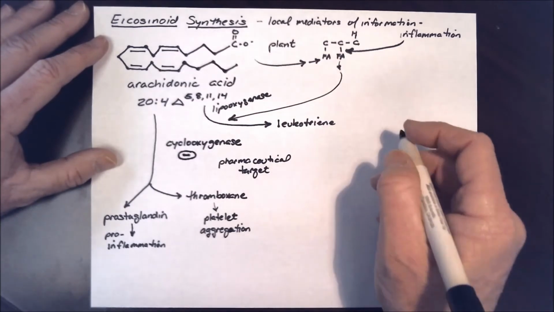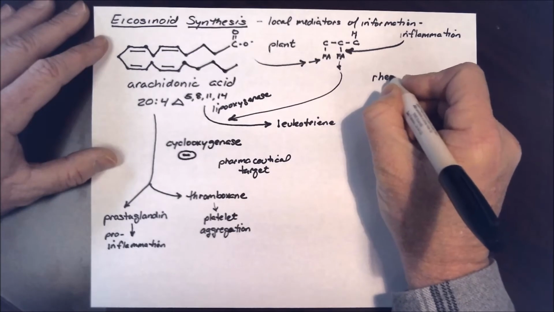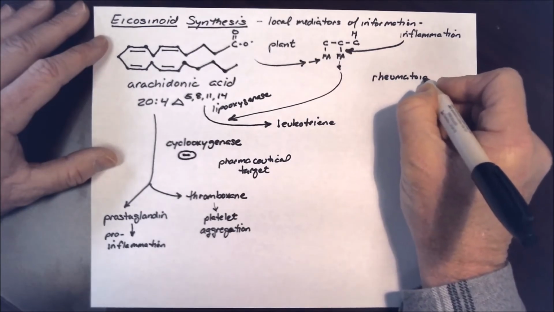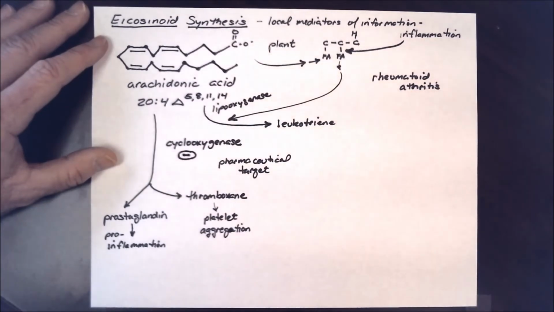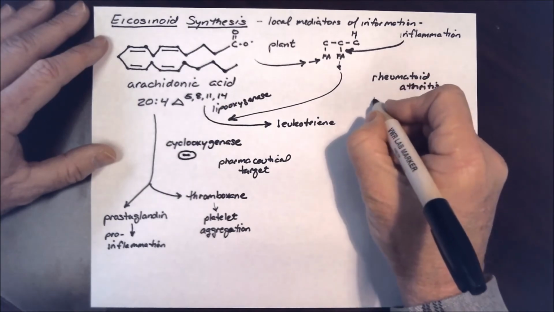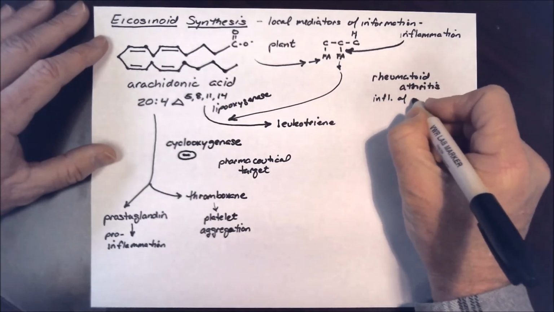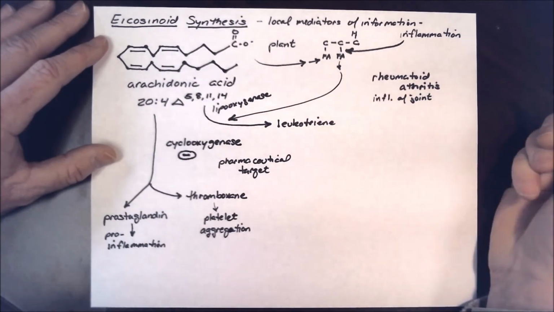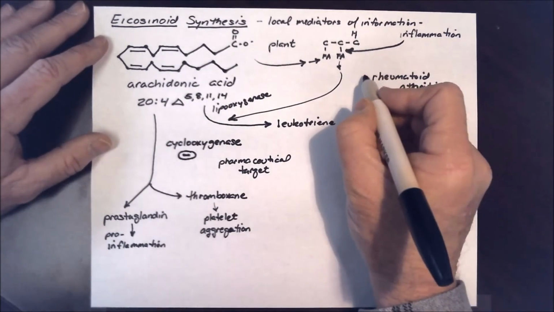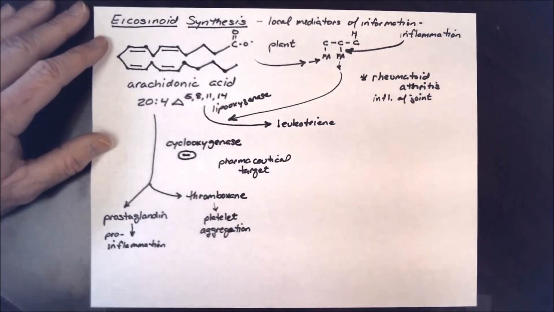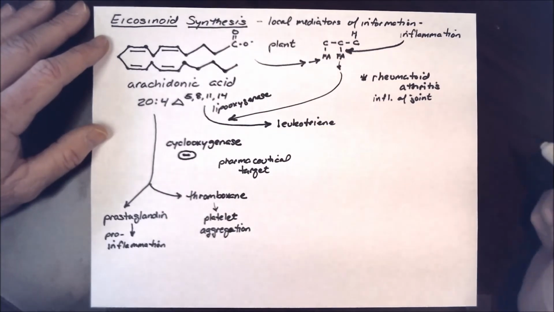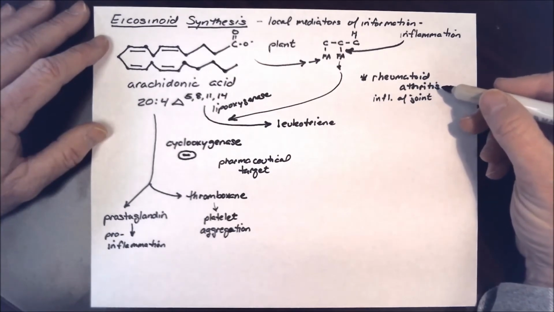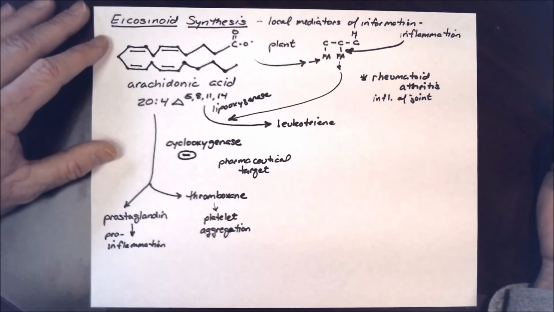This is important, for example, in rheumatoid arthritis. Rheumatoid arthritis is an inflammation of the joint. Many, if not all of us, know someone that has suffered or is suffering from rheumatoid arthritis, and this is a very painful, life-changing situation, so we need to find a way to control the inflammation that is causing the arthritic pain in the joints of these individuals.